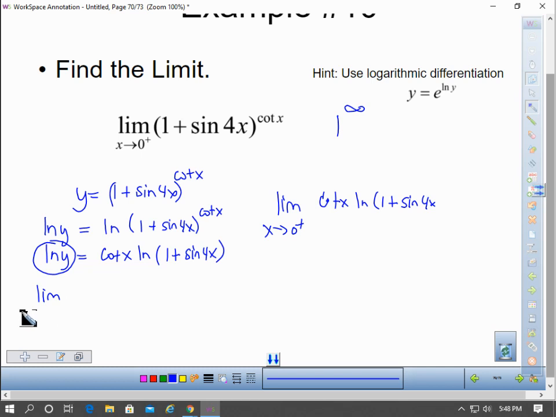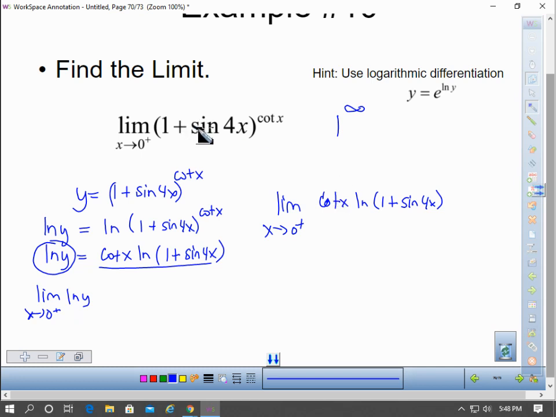Let's just keep note that we're really finding the limit of ln of y, which is now this new expression that we just created.